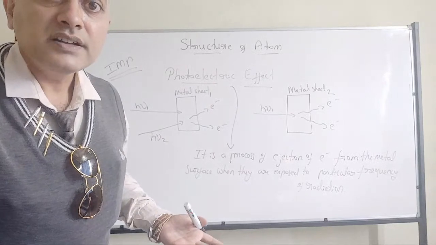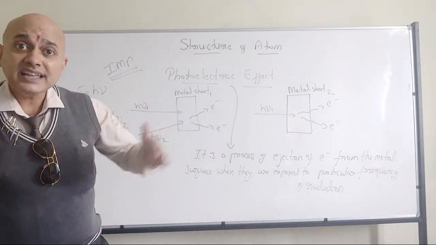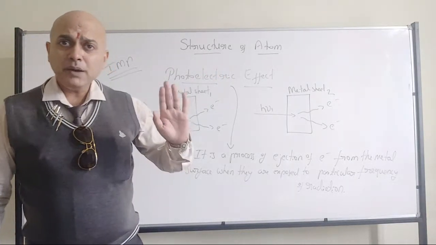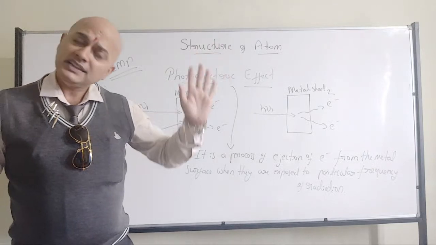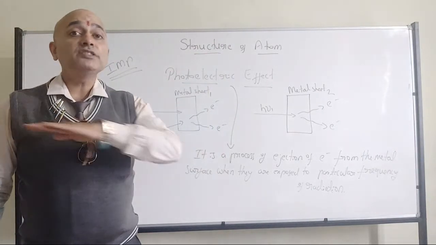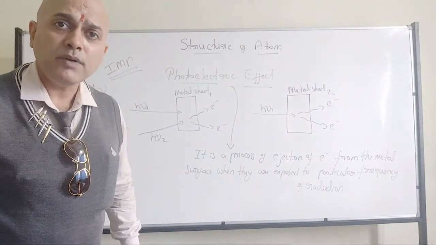So now here Stephen has written, yes, anything less than that cannot show the photoelectric effect. A minimum frequency, above that, yes, it will show the photoelectric effect, but less than that, it will not show the photoelectric effect. All of you have got my point?